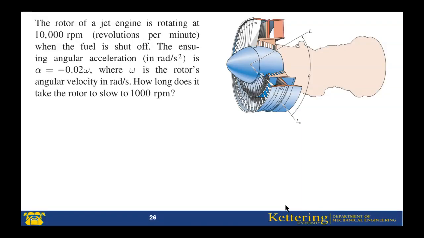When the fuel is shut off, the angular acceleration is related to omega using this equation, where omega is the rotor angular velocity in radians per second. How long does it take the rotor to slow to 1,000 RPM? If you want to write, also think about this problem. From this, I want to find the angular velocity.